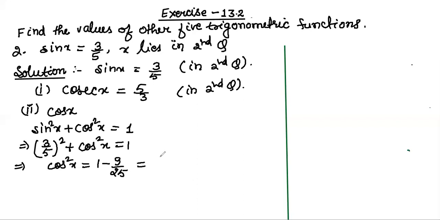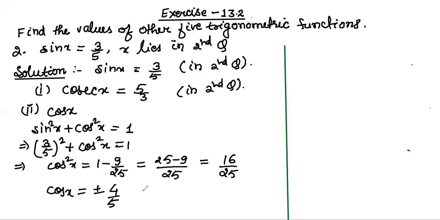So this is 25 minus 9 by 25, so we have 16 by 25. And cos x will be plus minus 4 by 5. In the second quadrant, we know that cos is negative. So we can use cos x equals minus 4 by 5. So this is the value.